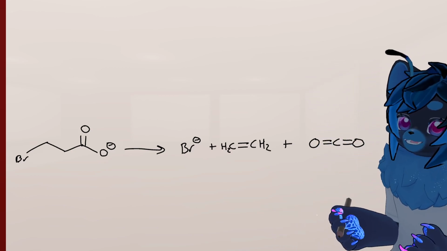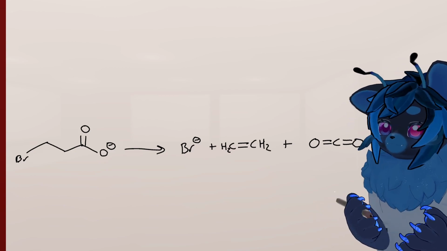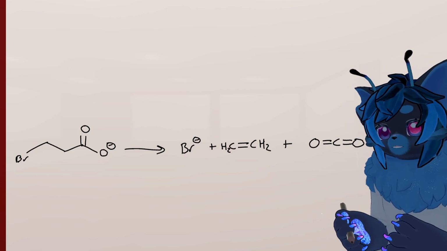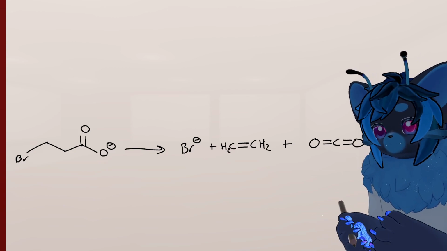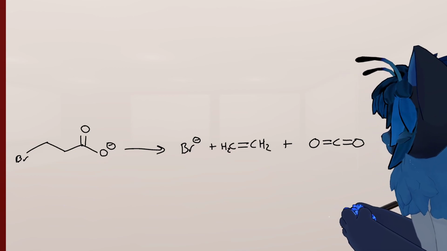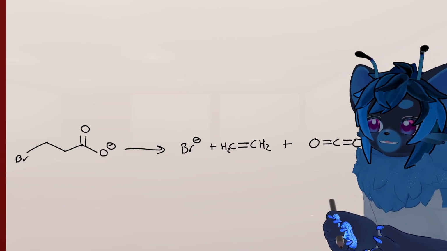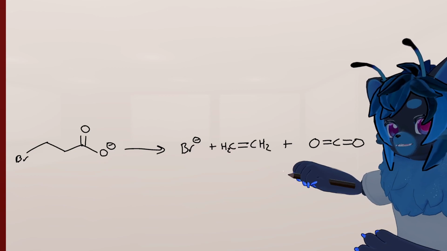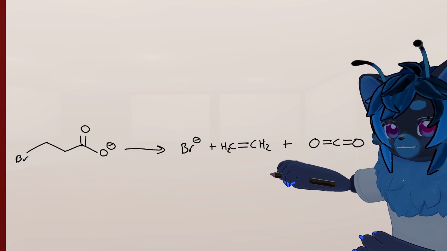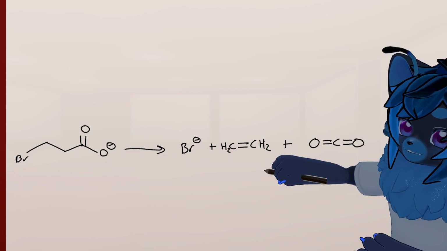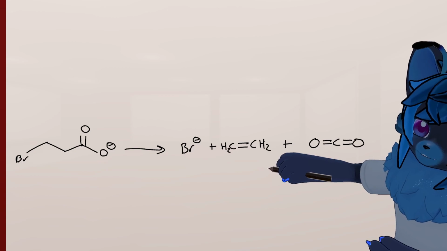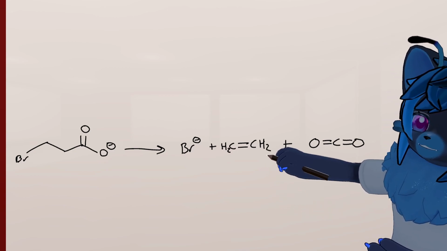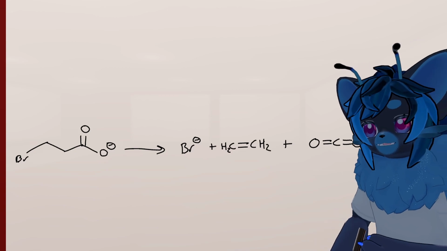Well, let's think of it like a puzzle. We're given the start, and we're given the end. The reason we're pushing electrons is to figure out what happened in the middle. How did we create these 3 products? Now, this is a good example of this not being resonance. Because it's not resonance, we can break the rule of not breaking single bonds. The octet rule still applies. We cannot exceed the octet rule.